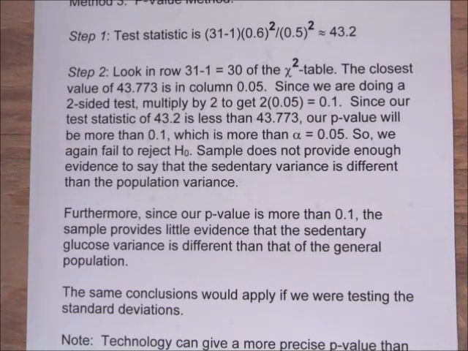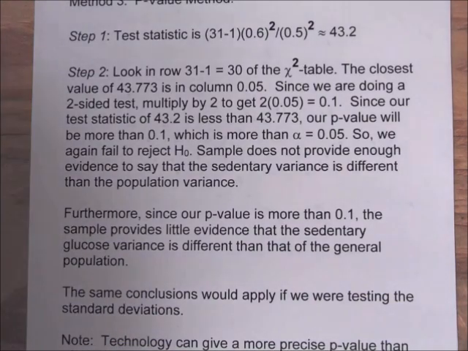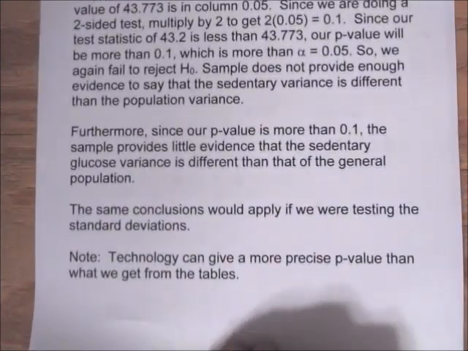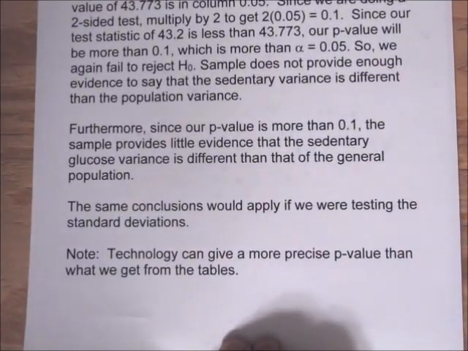So our p-value is going to be more than 0.1, so that means that the sample provides little evidence that the variance of the sedentary population is different than that of the general population.